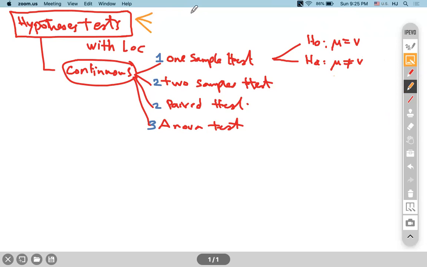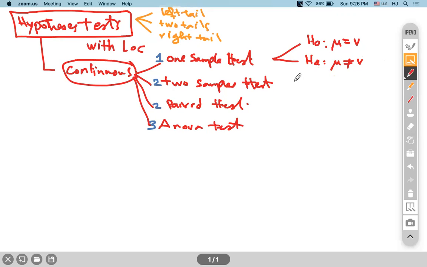It could be a left tail test, or it could be 2 tails, or it could be right tail. So any one of those hypothesis tests could be one of these 3. According to the sign of the alternative hypothesis, we can determine if it was left, 2 tails, or right tail. So usually with one sample test, that's what we do.